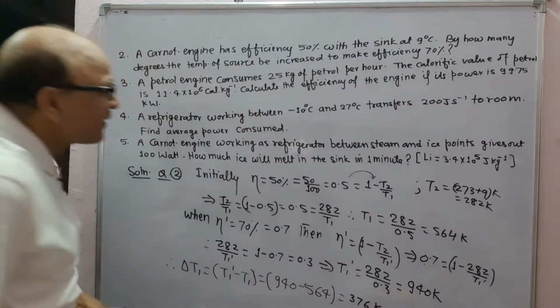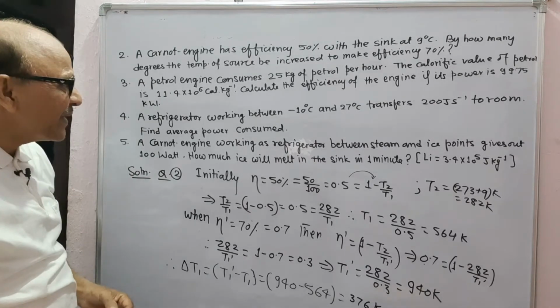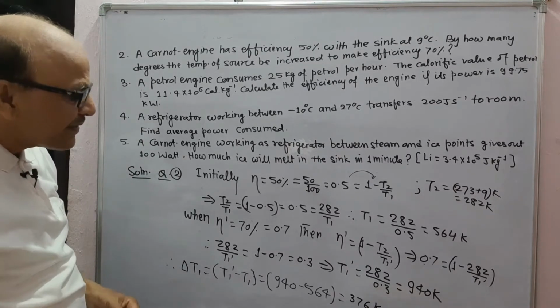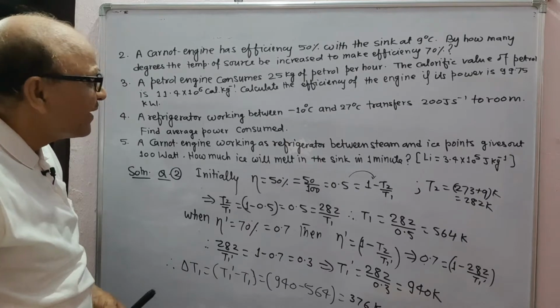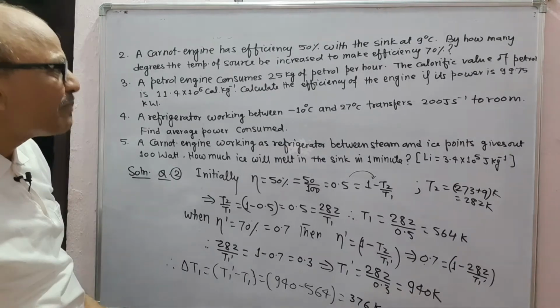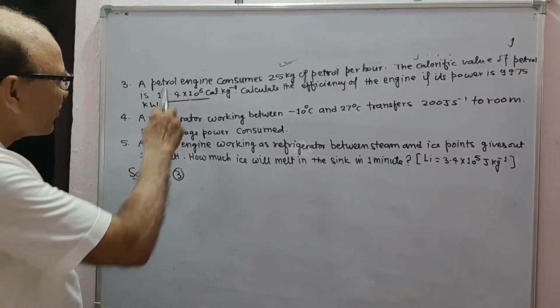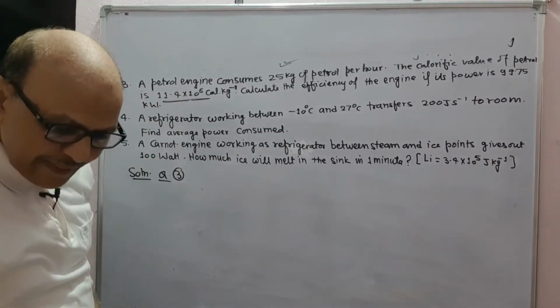Therefore the temperature of source must be increased by 376 Kelvin in order to increase the efficiency to 70% from 50%.